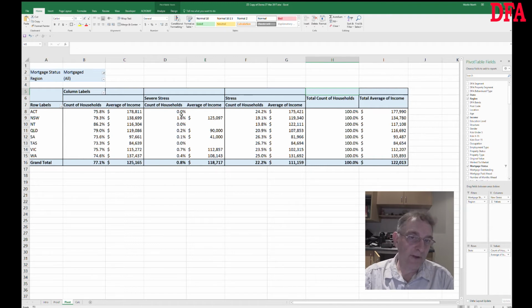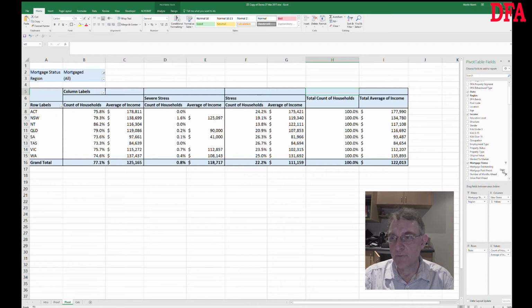Then if we look at severe stress, we see that Victoria and New South Wales are the two states with the highest proportion of households in severe stress. WA is there too, at 0.4%. So stress varies by state and severe stress varies by state.